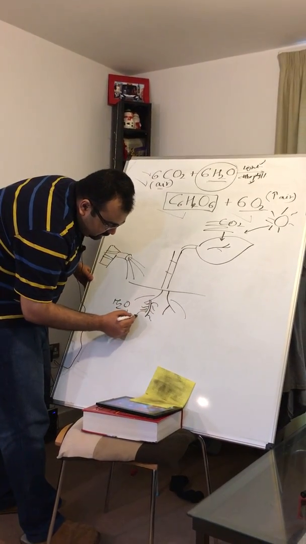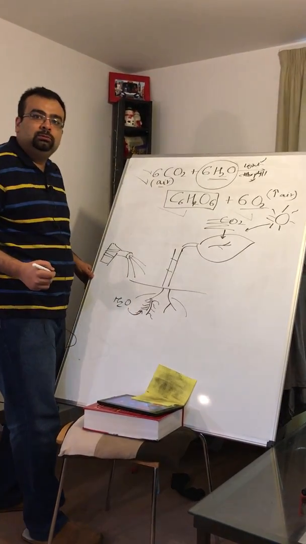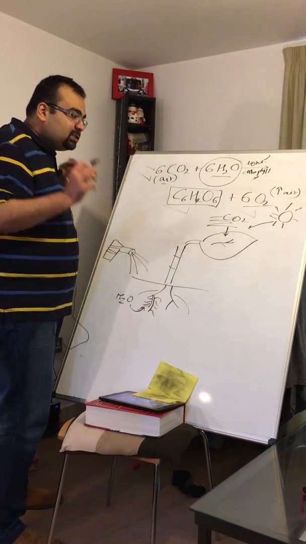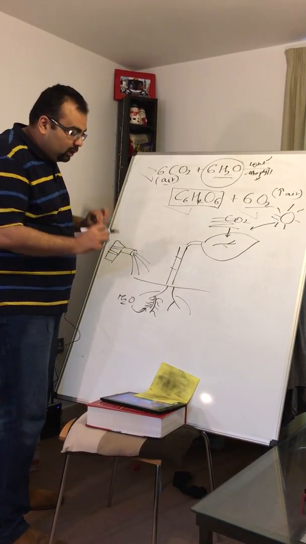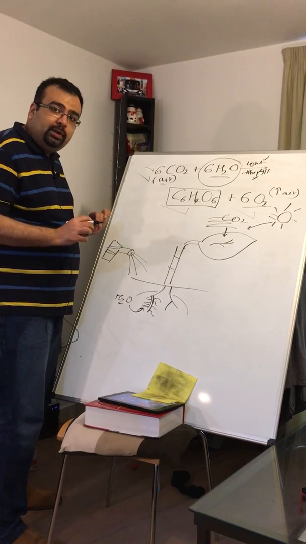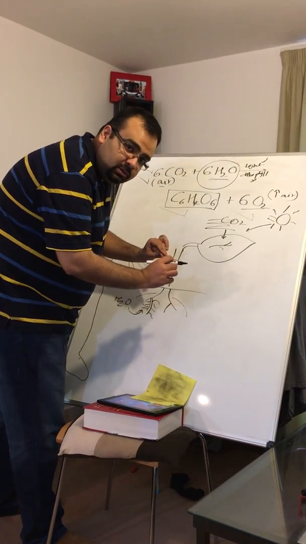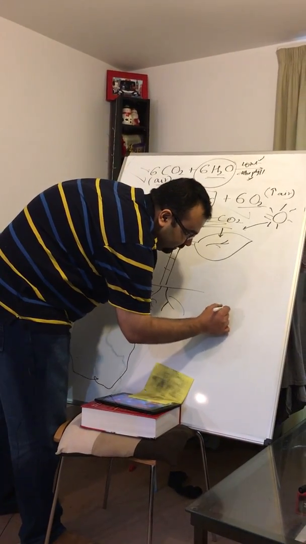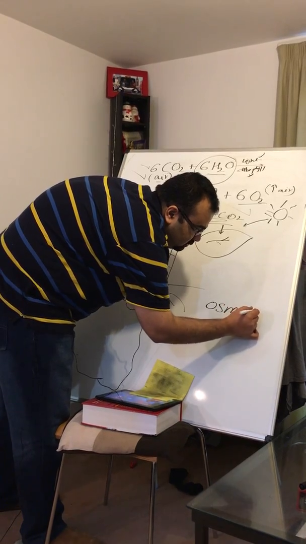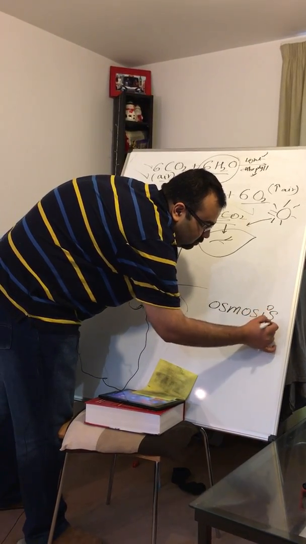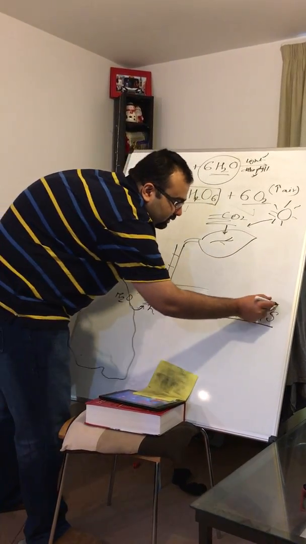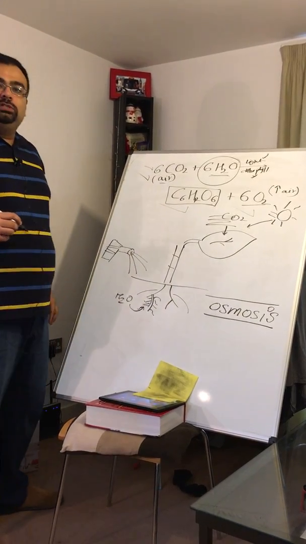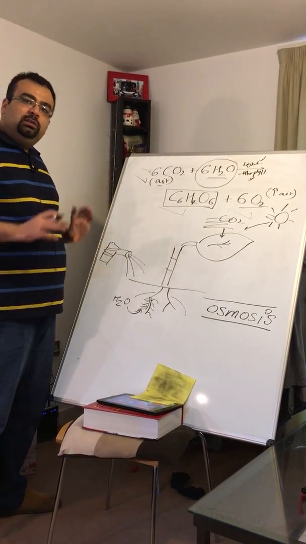This absorbs the water. What is the process by which water is absorbed from the soil into the roots? It's by osmosis. Now you don't need to really get into the depth of the mechanism of osmosis, but it's something that's good to know.